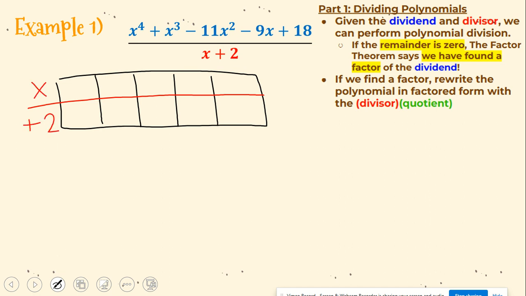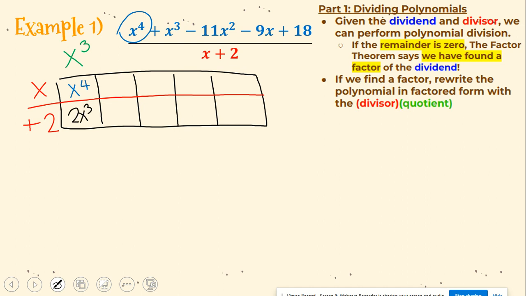We will start by writing x to the 4th inside of the box, and now we're in multiplication land. So x times what value gives you, when they're multiplied, x to the 4th, the thing inside of the box, and that would be x to the 3rd. Once we have the number written on top of the box, we multiply it. x to the 3rd times 2 gives us 2x to the 3rd.